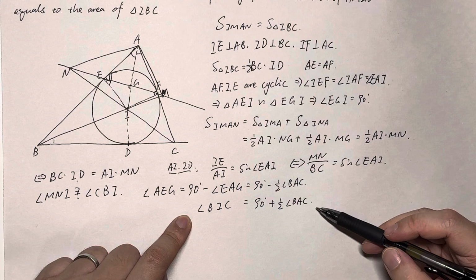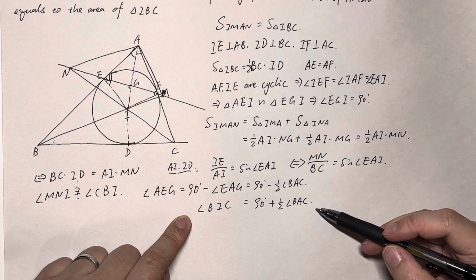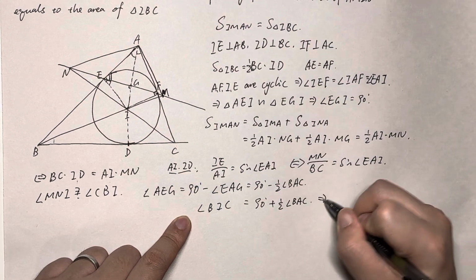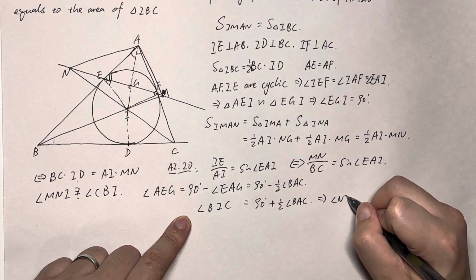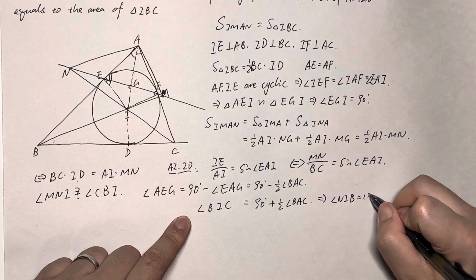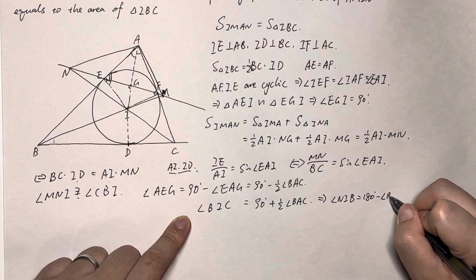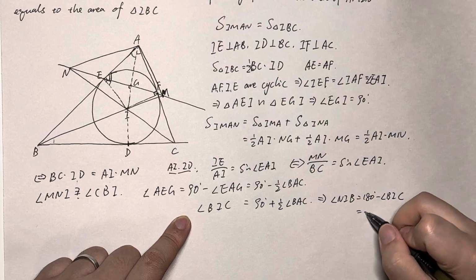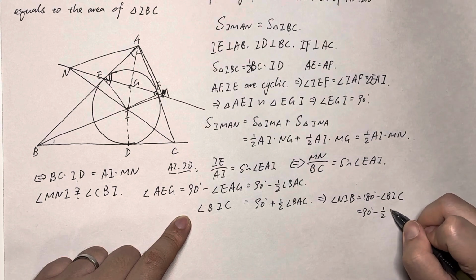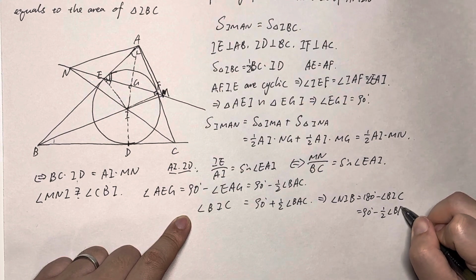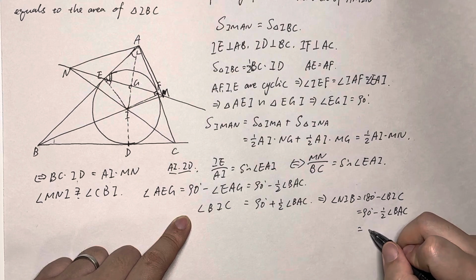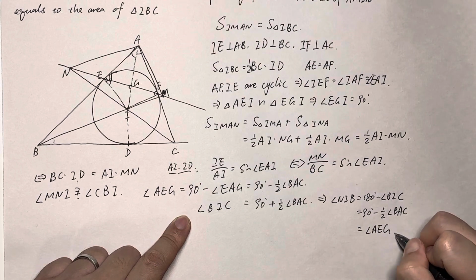This is a property of the incenter, which means we got angle NIB equals 180 degrees minus angle BIC, which equals 90 degrees minus half of angle BAC, which equals angle AEG.